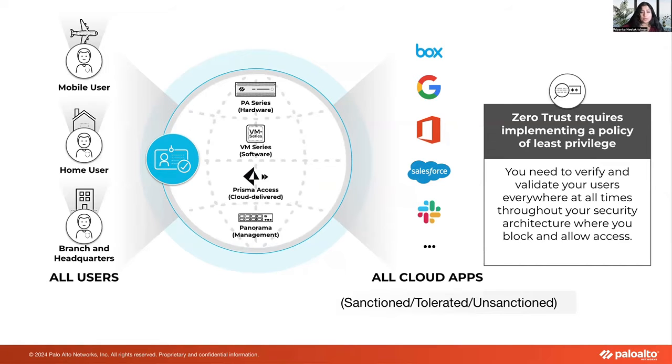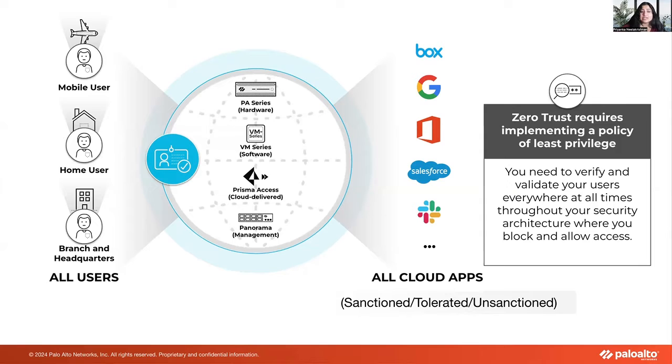Example, within the corporate network. Number two, least privilege access. Grant the minimum level of access necessary for users and devices to perform their jobs. This principle helps limit the impact of a potential breach by restricting lateral movement and access to sensitive resources.